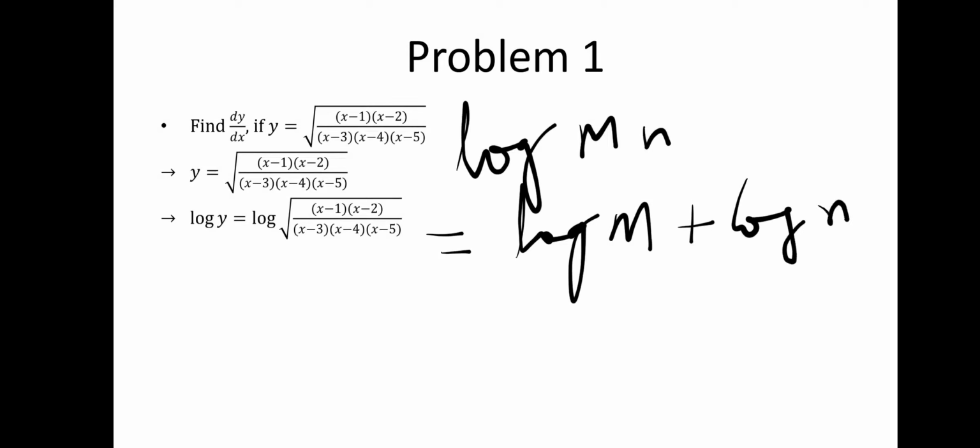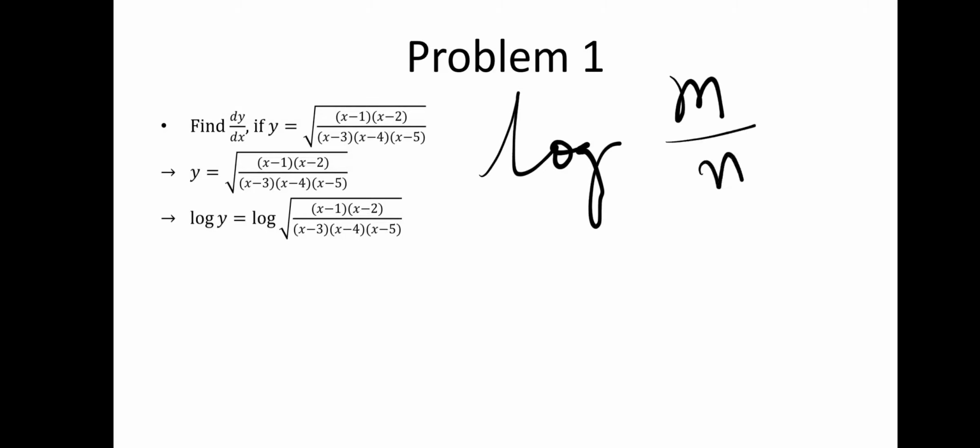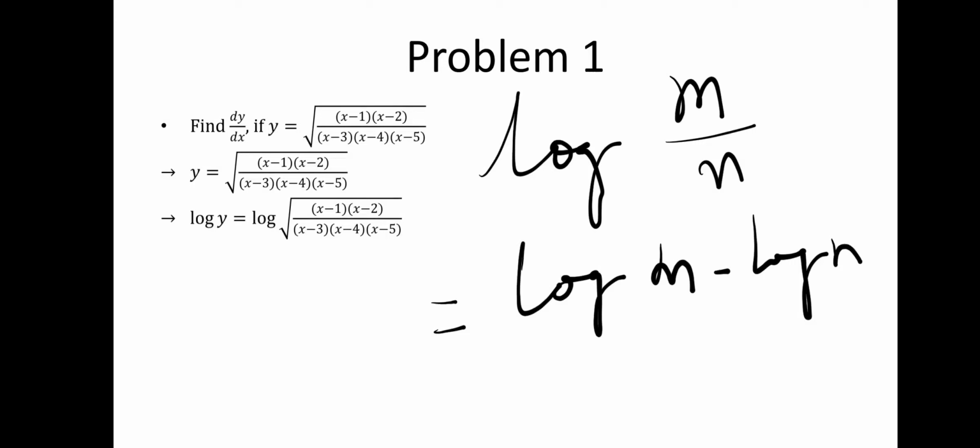And of course, the third property is log of m by n, that is equals to log of m minus log of n.